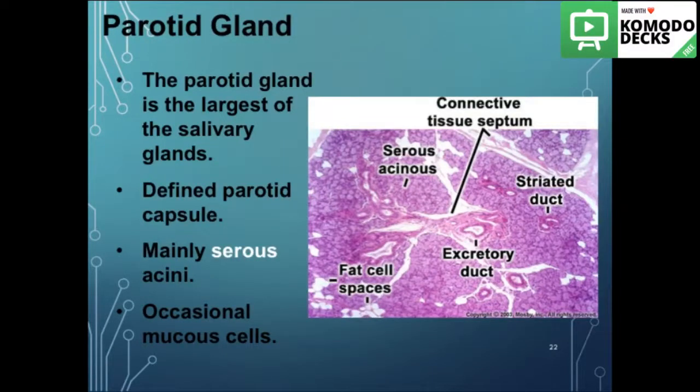Starting with the parotid gland, it is the largest salivary gland. It has a defined capsule, and it is mainly serous acini. We may find some mucus cells occasionally, especially in the young ages or infants.